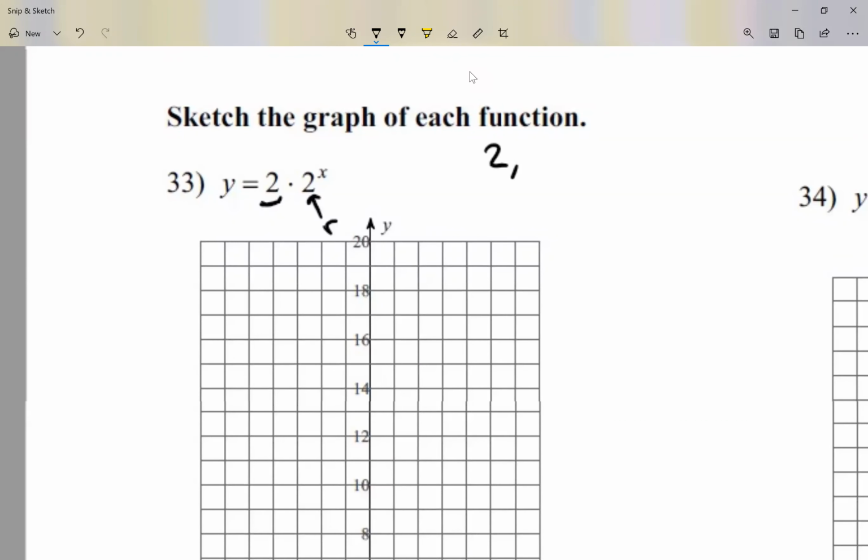The number I'm going to multiply each time I want the next number. So if I just want to create a list, I know my next number is a 4 because I multiply by 2. My next number will be 8, 16, 32, and I can go on and on and on, right? I can continue with my list.